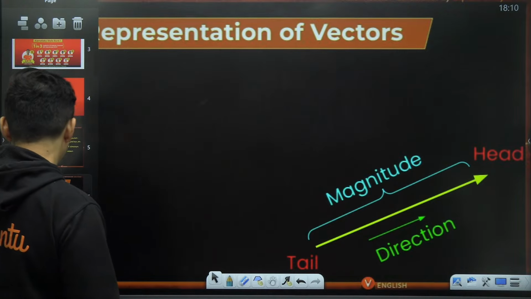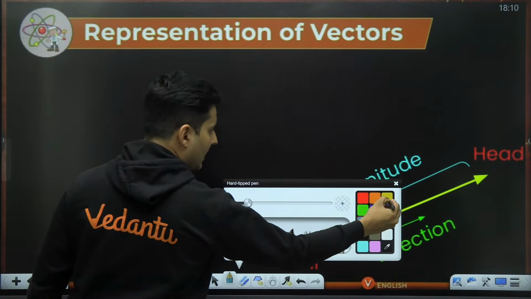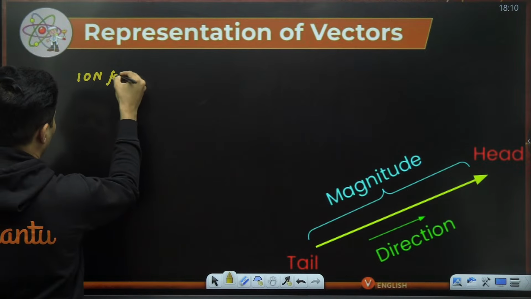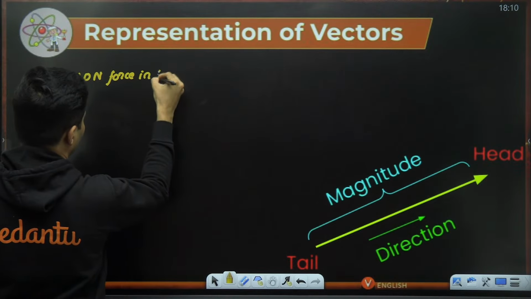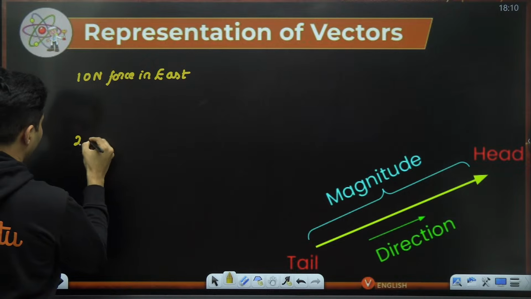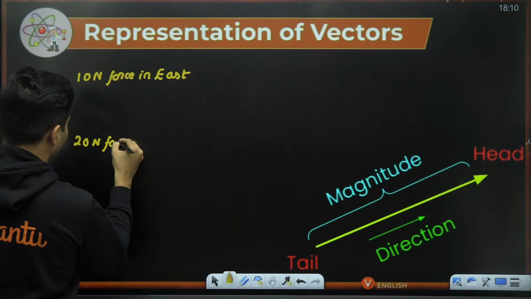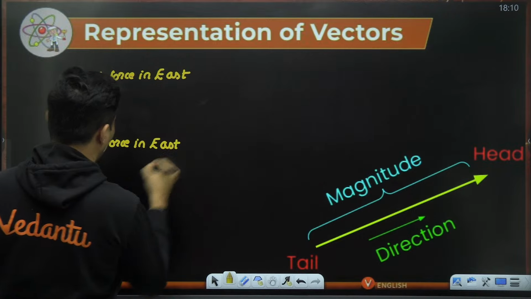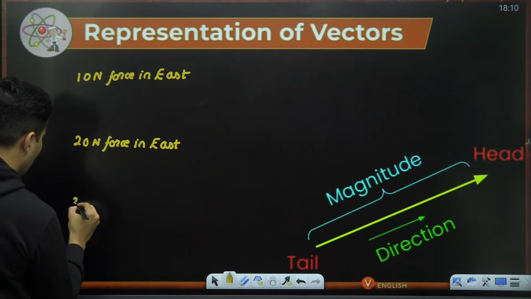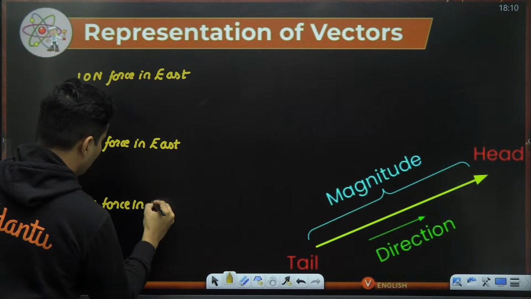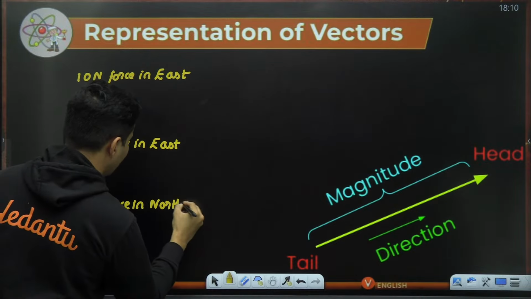So for example, okay, say I tell 10 Newton force in the east direction versus 20 Newton force in the east direction versus 30 Newton force in the north direction.